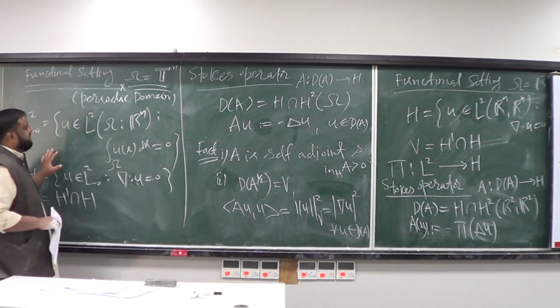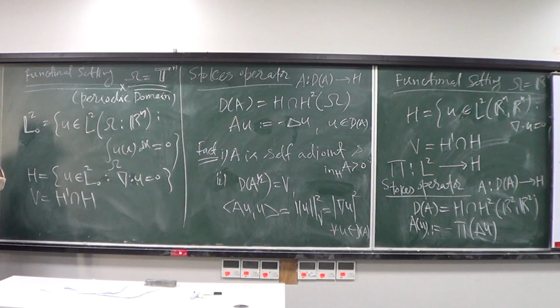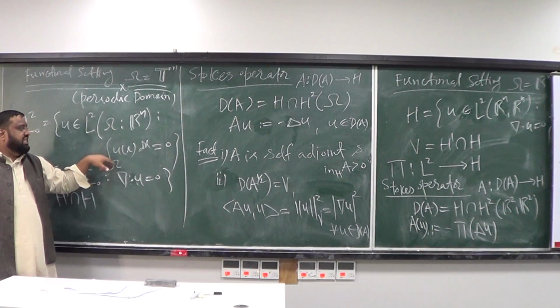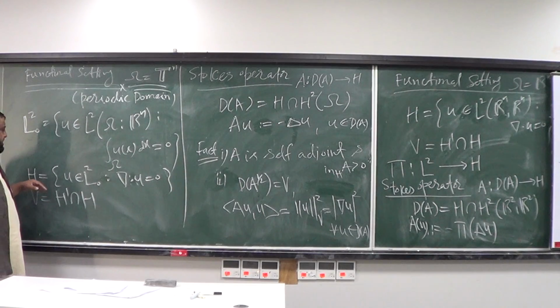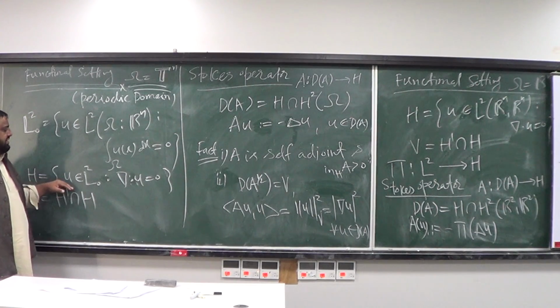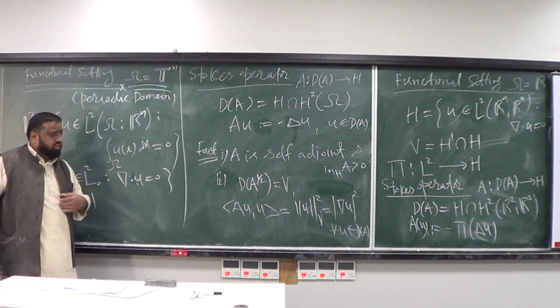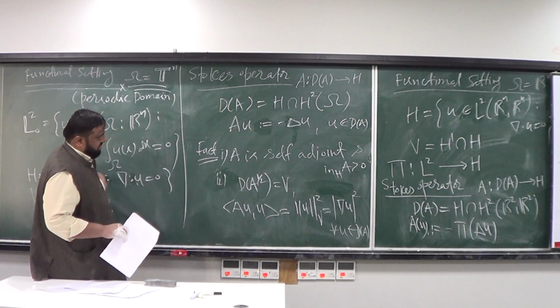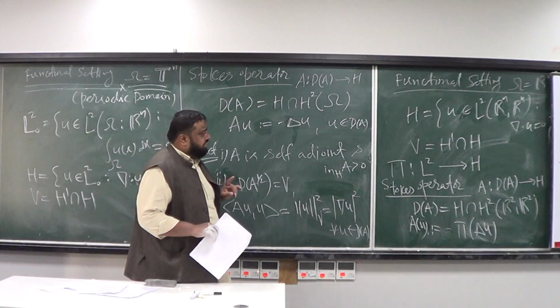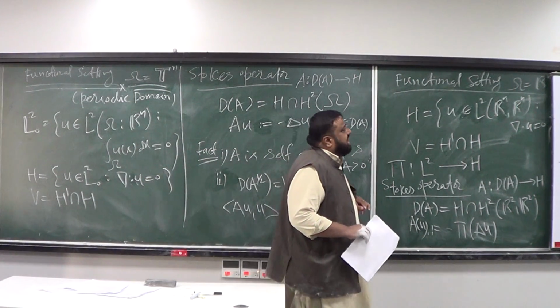In case of the torus, you introduce another kind of square integrable space whose integrals on the entire domain are 0, and then you choose the divergence free vector fields from that, and V is H1 intersection H. This is the description of the Stokes operator.